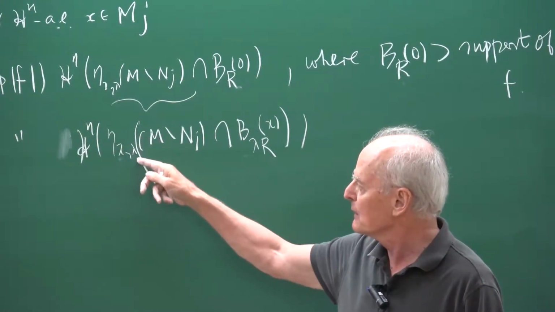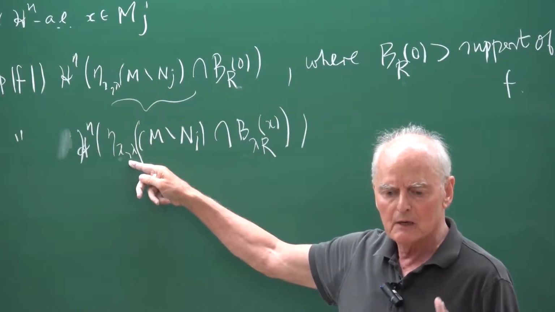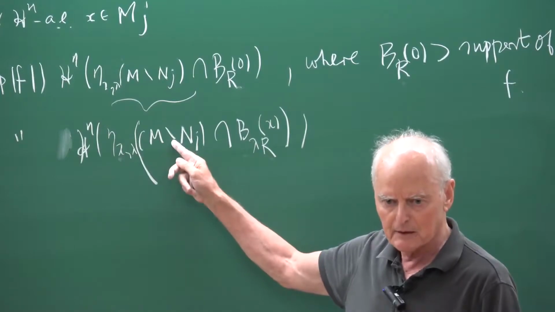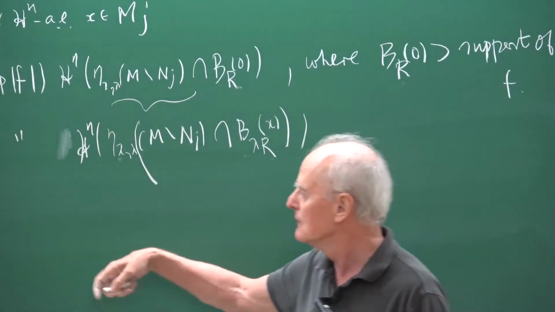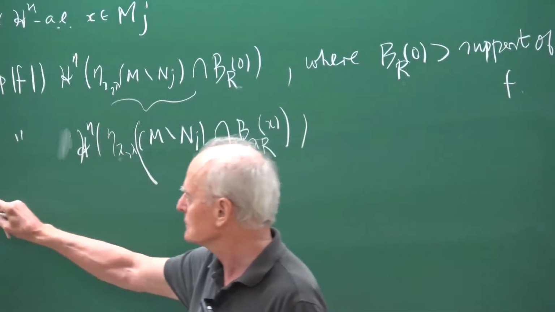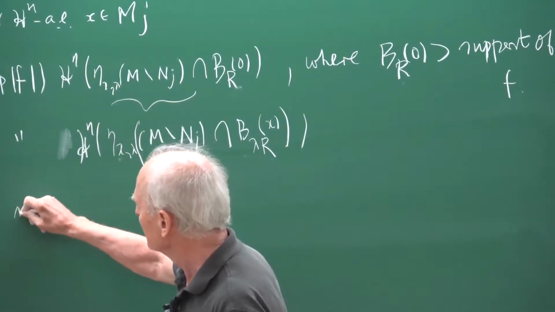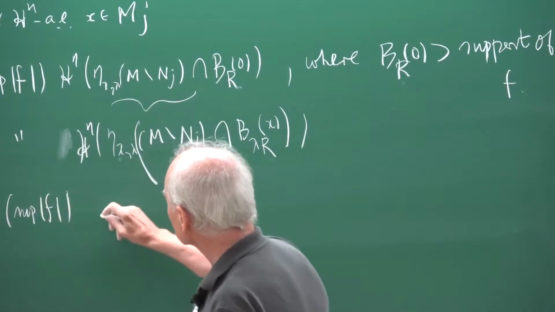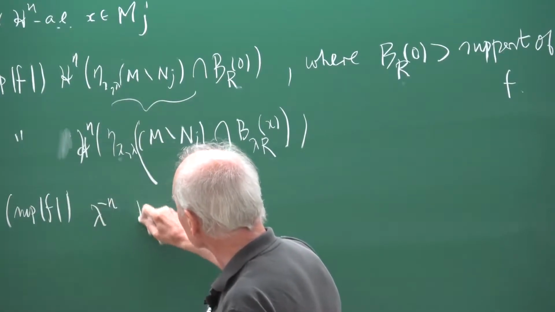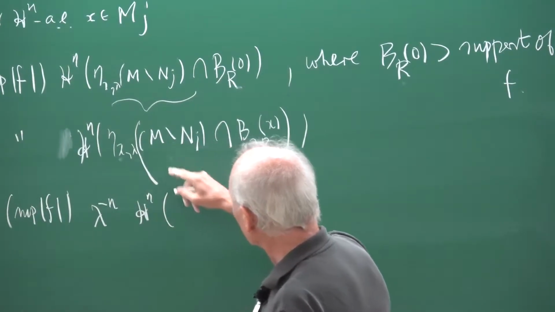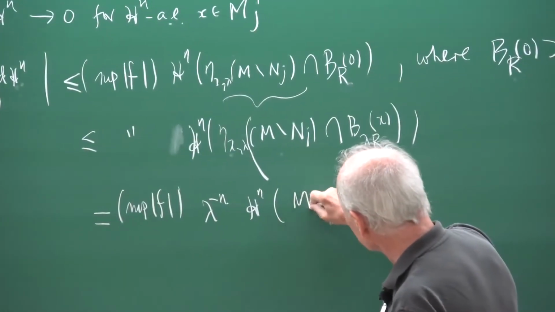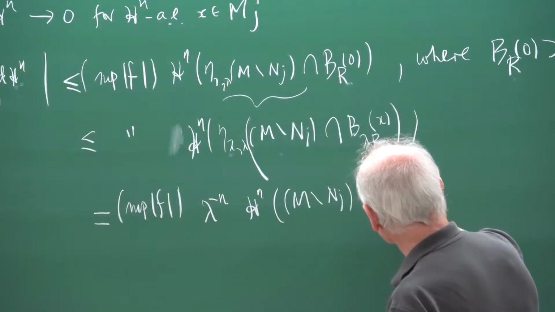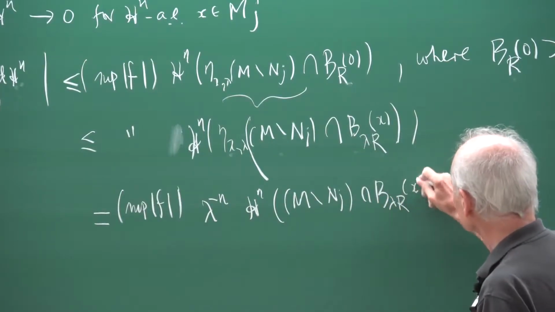And it scales appropriately. When you scale, you get a factor λ to the minus n times the unscaled stuff, because we're talking about n-dimensional Hausdorff measure. So this is equal to sup |f| times λ to the minus n times the Hausdorff measure of the unscaled thing, that's M minus N_j intersect B_{λr}(x).